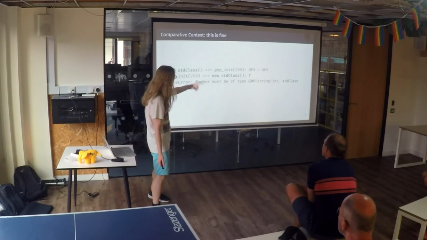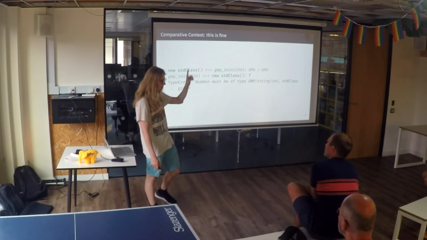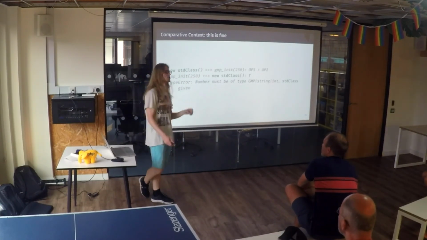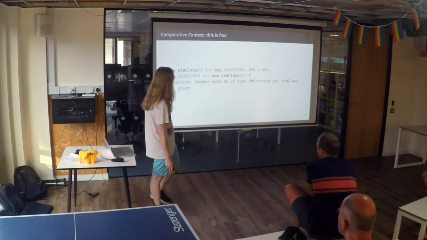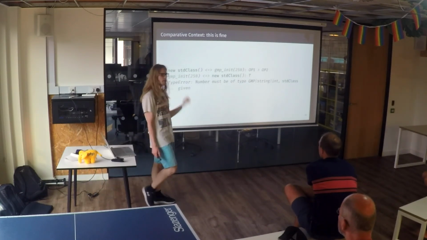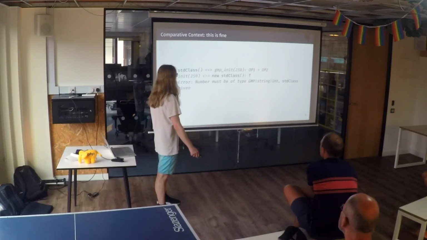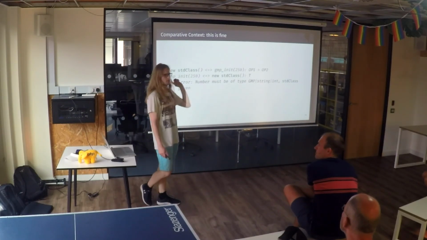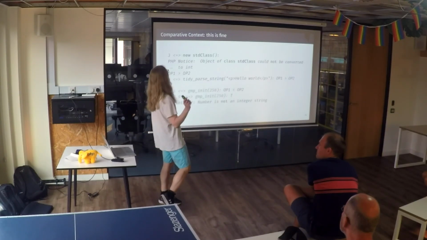So if you try to compare two internal objects, well, standard class defines its own comparator method, so we will use that instead of the one of GMP. But if you flip the order, it will try to use the one defined by the GMP object, which tries to cast the other operand to an integer or to a number, and it gets a type error, which is great. It's fun.